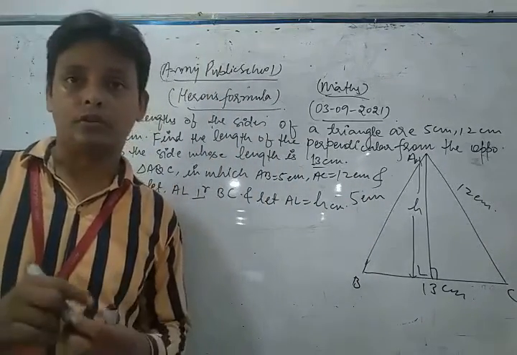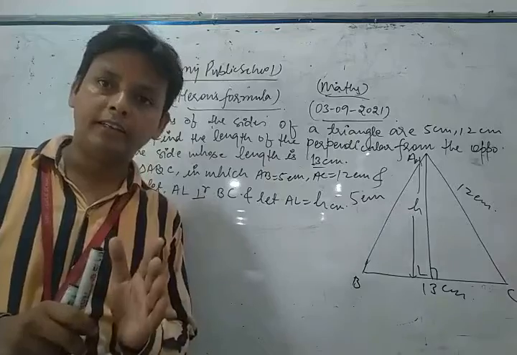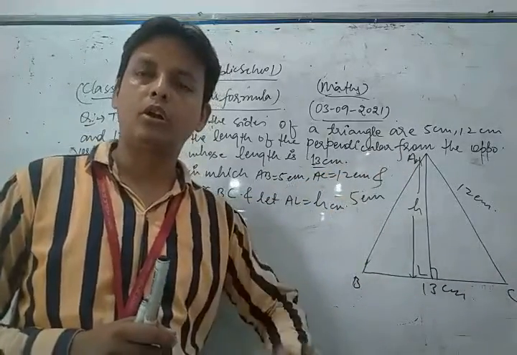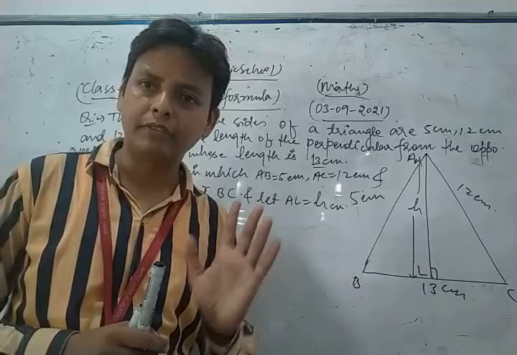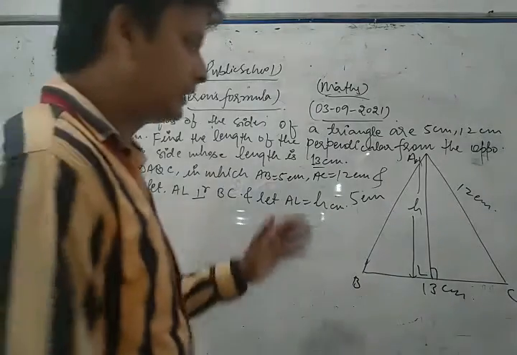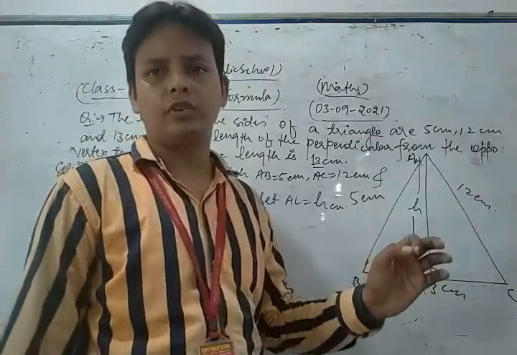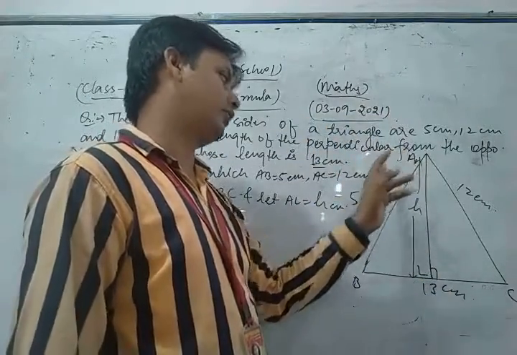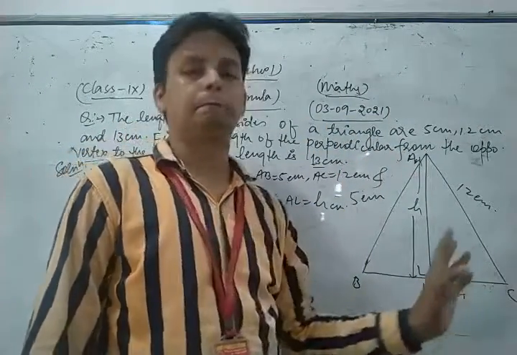Dear students, first of all, we find the area of triangle ABC because all of its three sides are given. By using Heron's formula, first of all we find the area of triangle ABC.